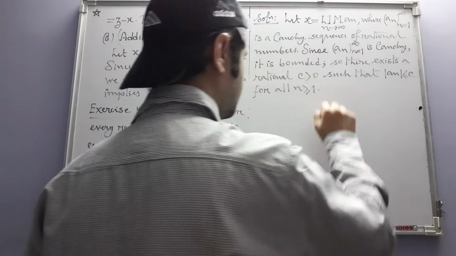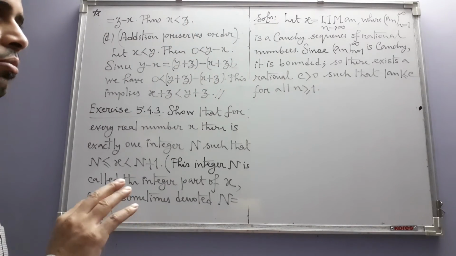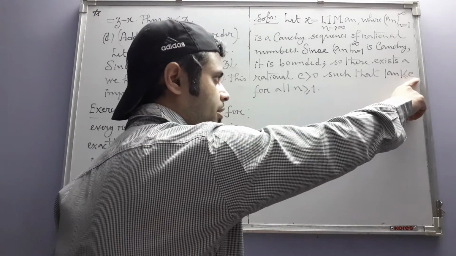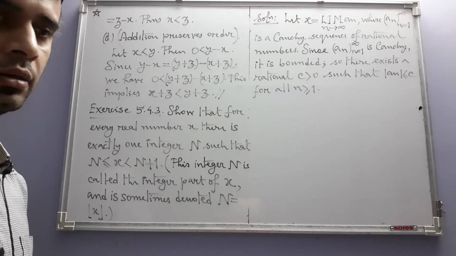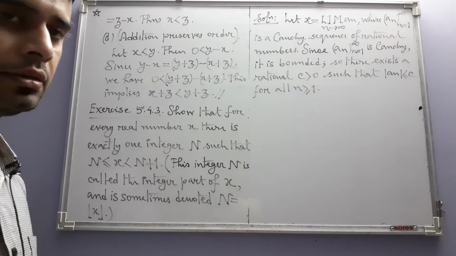Now we take the help of proposition 441. One of those parts says that for any rational number c, we can find a positive integer that exceeds the rational number.